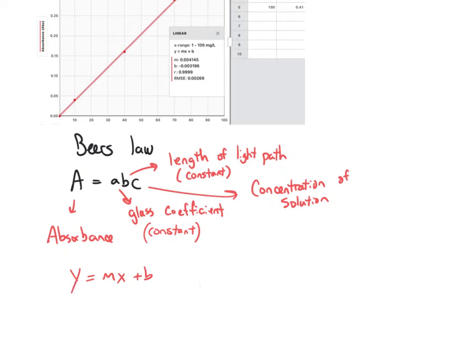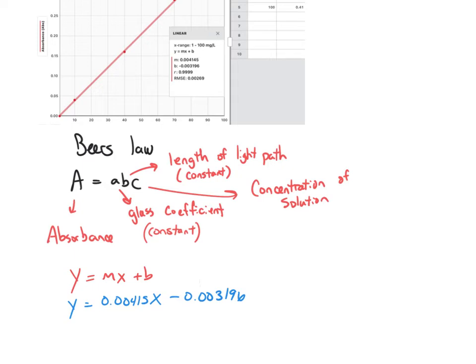So looking back at my graph up above, if you know the equation of the line for y equals mx plus b of your data set, the slope of this graph is the glass coefficient times the length of the light path. And the two unknowns, y absorbance and x concentration, will then allow you to figure out an unknown concentration if you know the absorbance of an unknown substance, as long as you use the same solute and solvent as you did in your 5 trials up above.